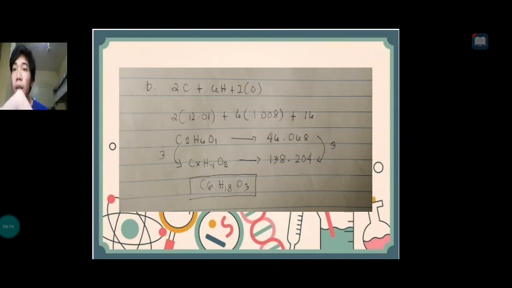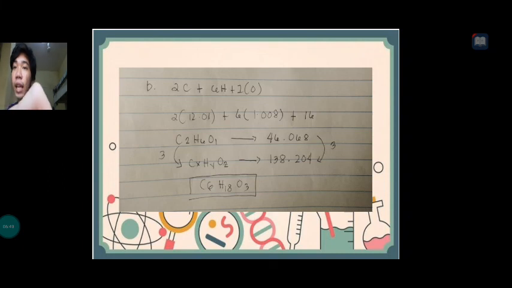So to get the molecular formula, we multiply the subscripts of carbon 2, hydrogen 6, and oxygen 1 by 3. So 3 times 2 is 6, so we have carbon 6.